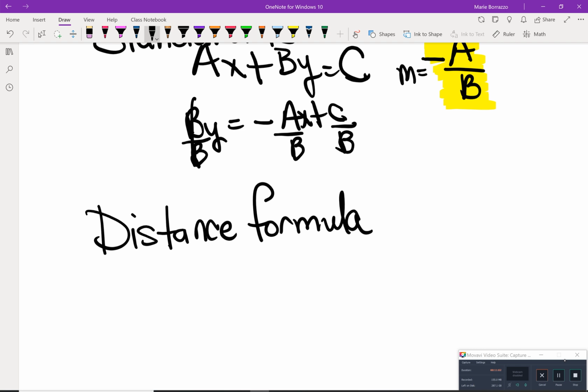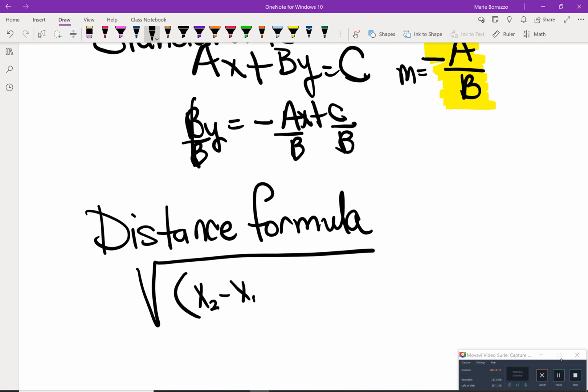The distance formula, if you recall, is the square root of x2 minus x1 squared plus y2 minus y1 squared. So the distance formula is another formula they may ask you. They may give you 2 points. They may give you the distance. I don't know. Depends on the question.